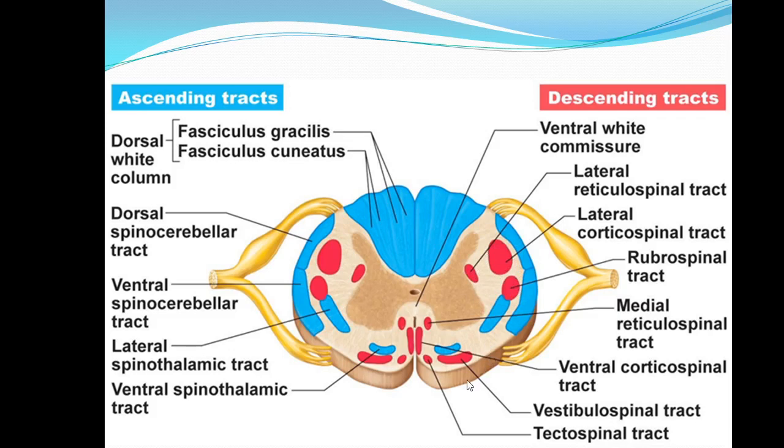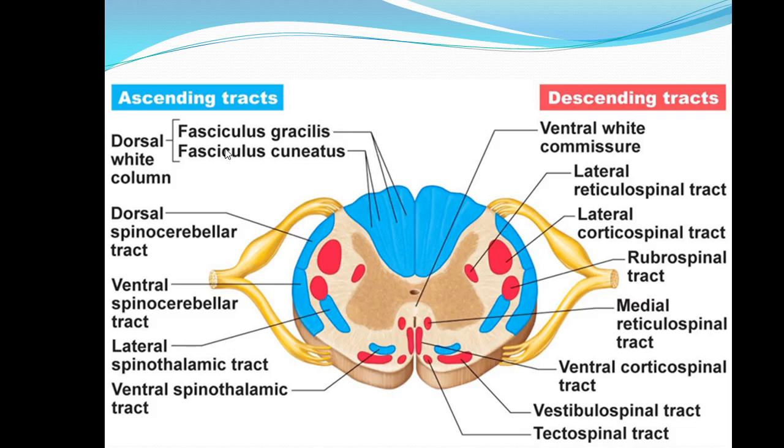Then you find the ventral corticospinal tract, the vestibulospinal tract, the tectospinal tract, and the medial reticulospinal tract, present in the anterior funiculus of the spinal cord.